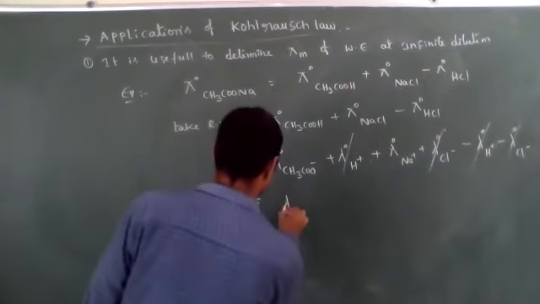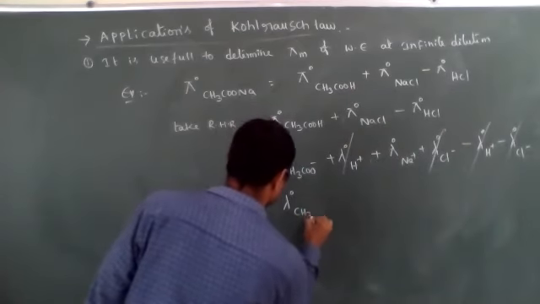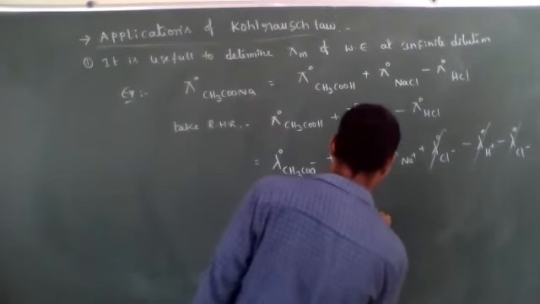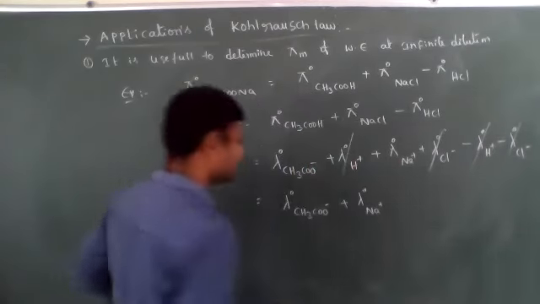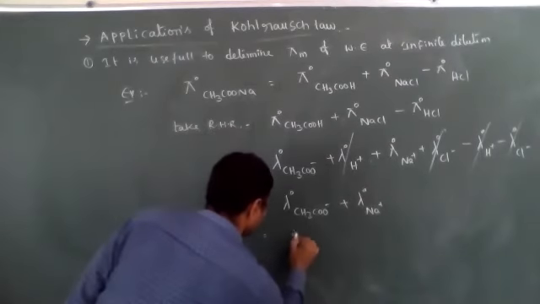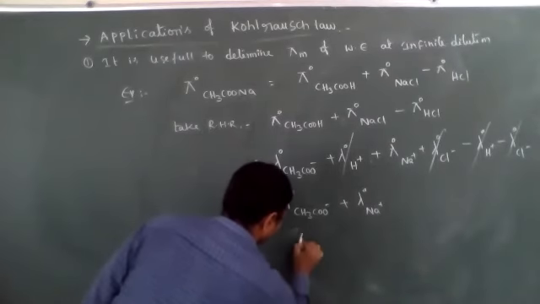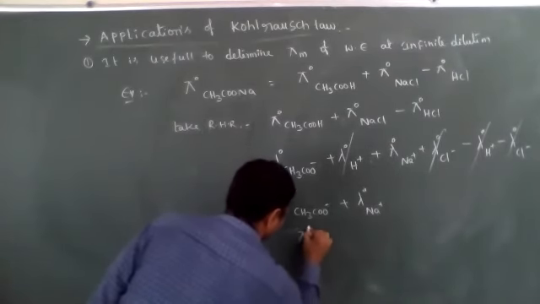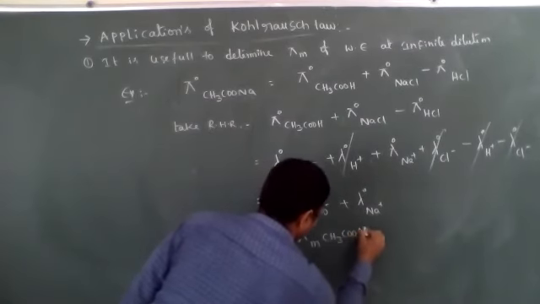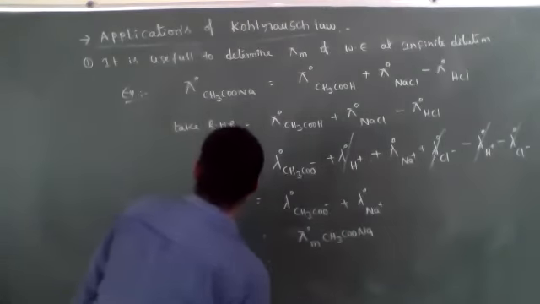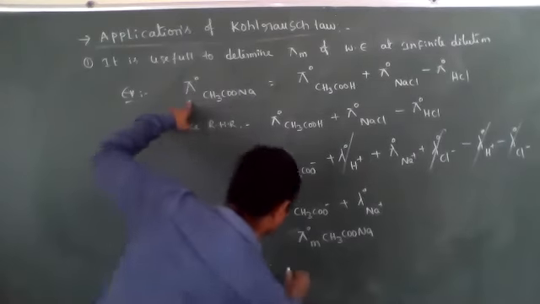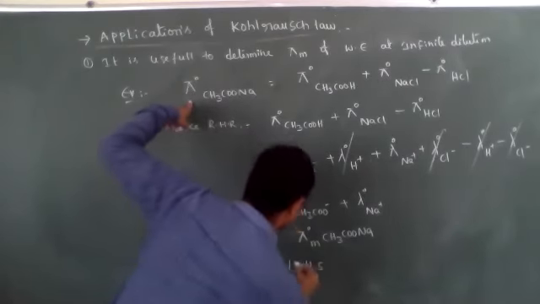Finally, what are present? Lambda naught of acetate ion CH3COO minus plus lambda naught of Na plus ions. CH3COO minus plus Na plus is equal to lambda naught, molar conductance of sodium acetate, CH3COONa.